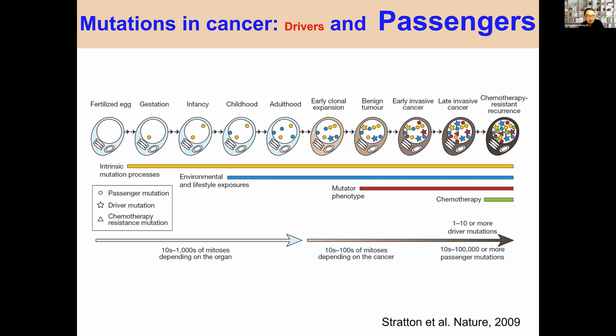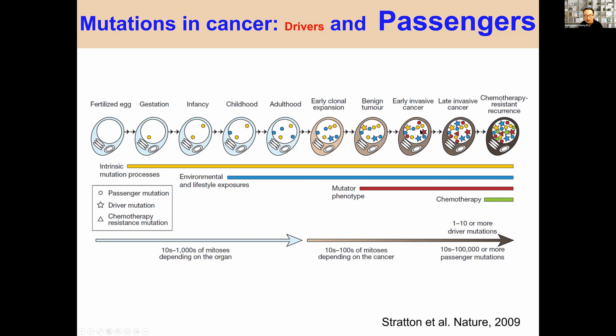This problem of variants of unknown significance is especially important in cancer biology. So this is a cancer cell. A single cancer cell contains more than tens of thousands of mutations.